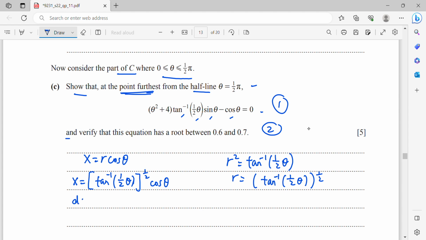So now dx over d theta. To differentiate this, we need to apply the product rule.